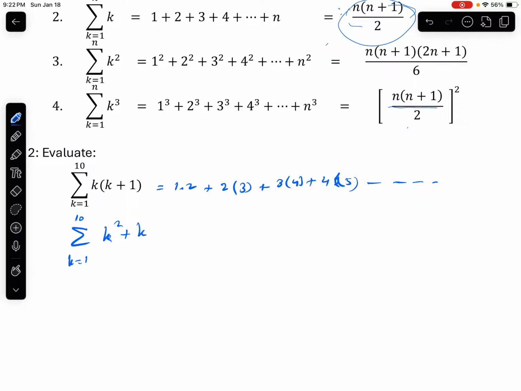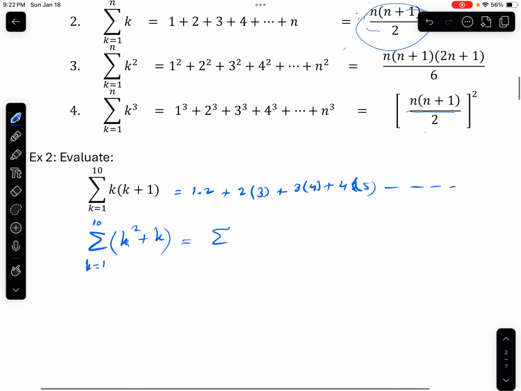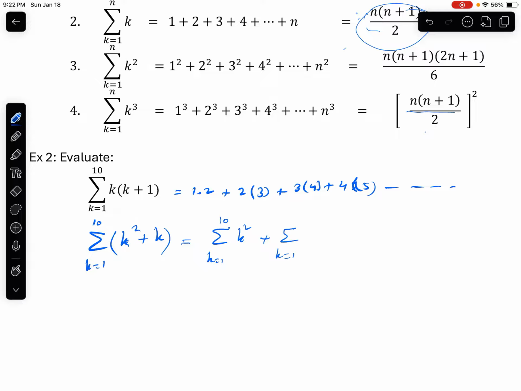Okay, and now I will apply the property. Even if I don't put the parentheses here, the summation is on the whole thing. So we can write it as the summation of k squared plus the summation of k, k equals 1 to 10.